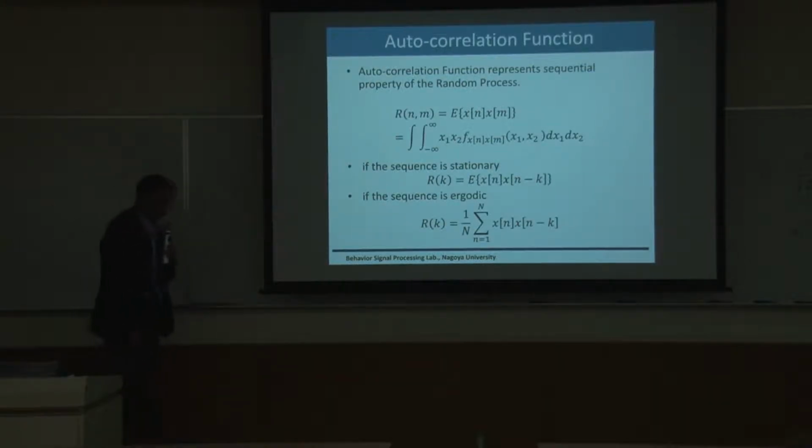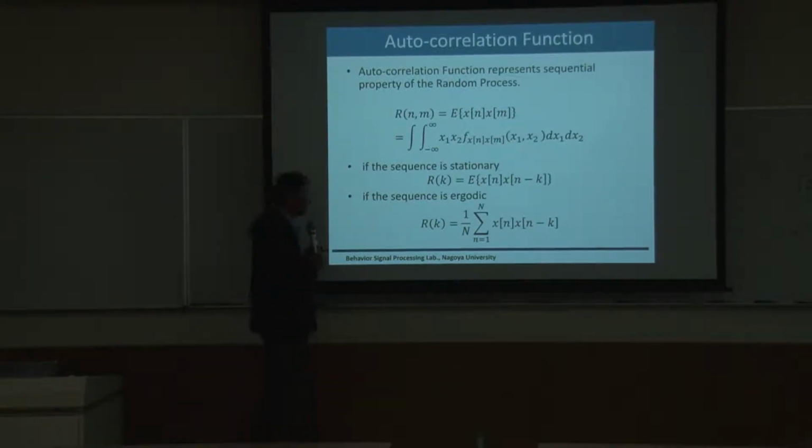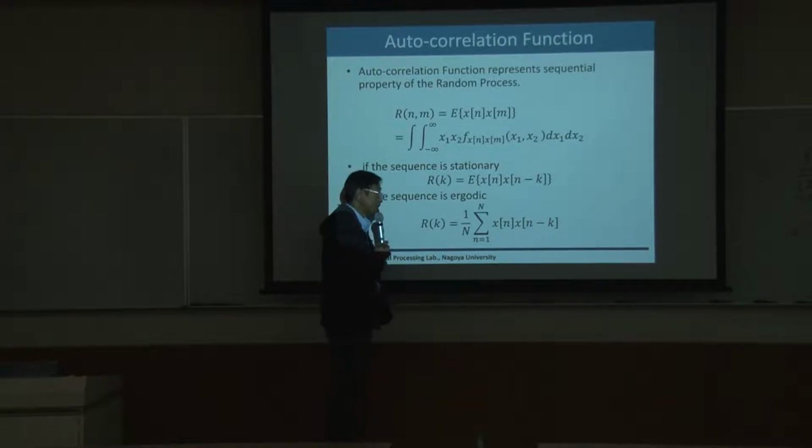So the autocorrelation function, I don't know how deeply you have studied it, but you may have heard the word autocorrelation function or correlation function. That is a very famous and popular idea of the relationship between two signals.